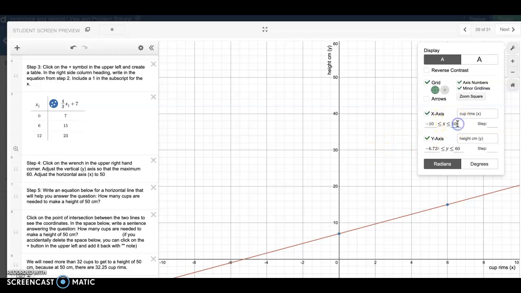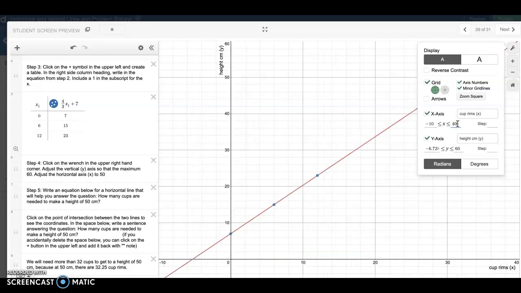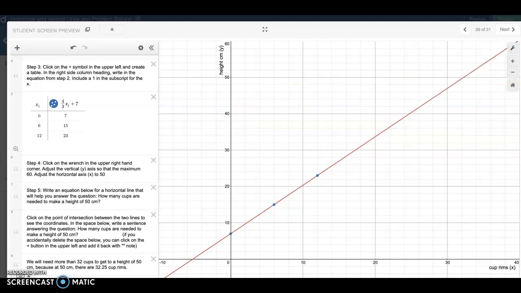Now, you might have to do some guess and check in order to figure out what on the x-axis will work. I'm going to guess about 40 cup rims. And that's going to take me out nicely. You can see that this gives me enough space to be able to solve the problem, because here's my 50 centimeters. And you can see it's going to cross this y-axis here nicely.